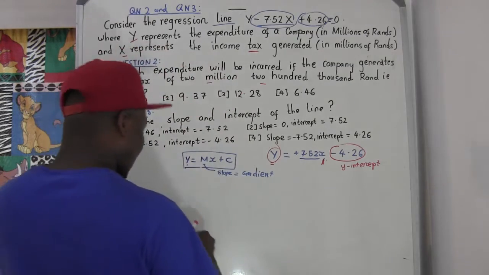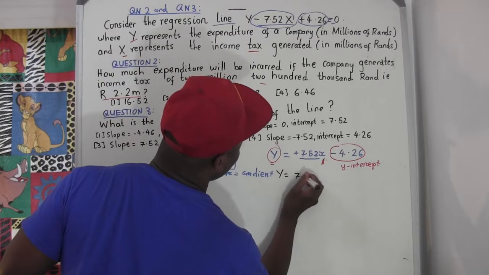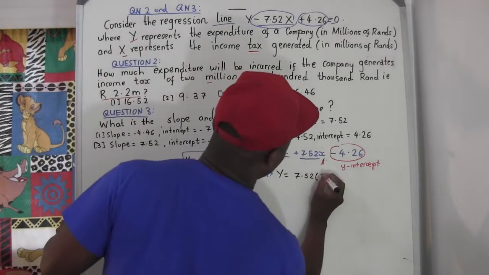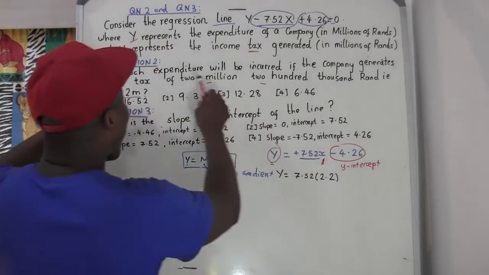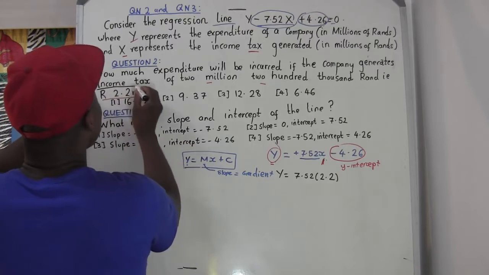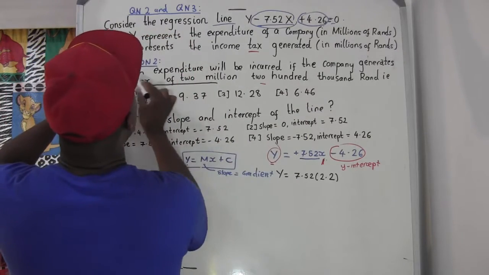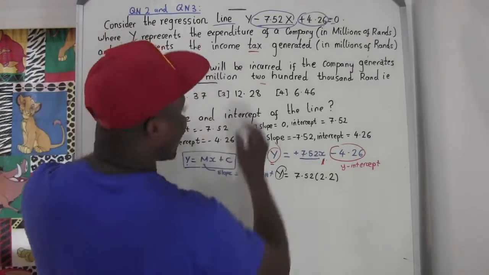So y equals 7.52, and instead of x now I'm going to put 2.2, because x represents the income tax, and we're looking for y, because y represents the expenditure.